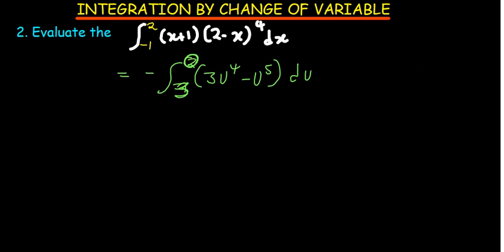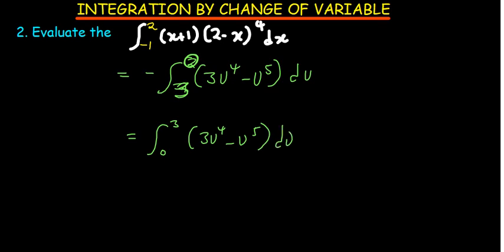Now whenever you have a negative here in front and then you've got the limits like this, you can as well swap the limits, and then the function becomes positive. The 3 goes on top of the 0 down, and then you have got 3u to the power 4 minus u to the power 5 du.